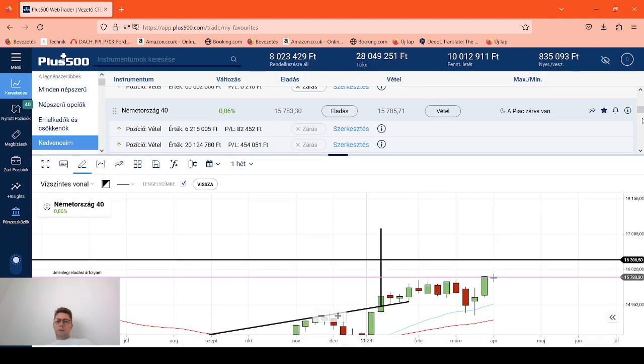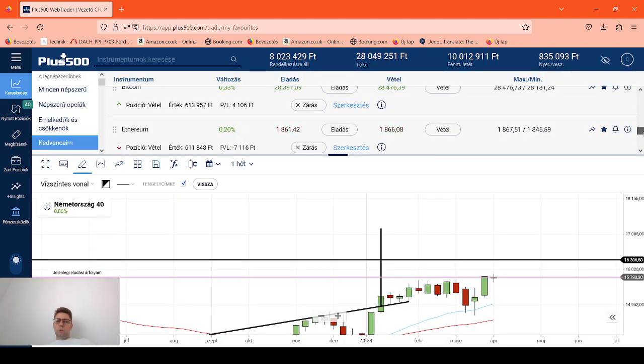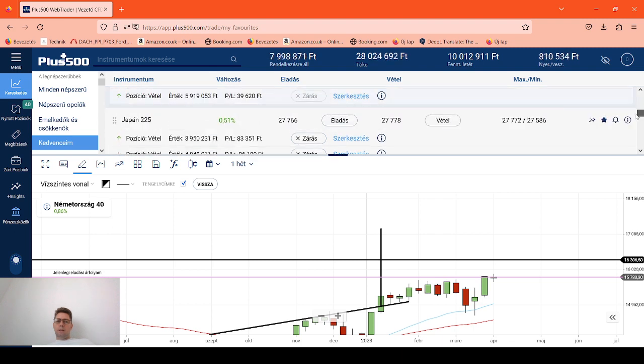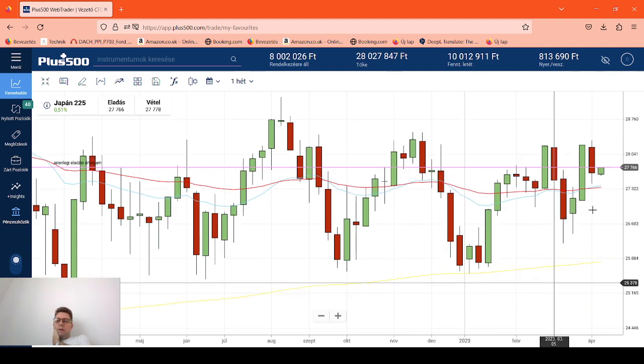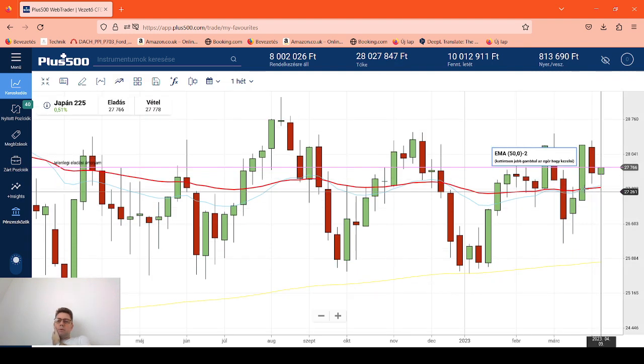Good. Let's go over to Japan. Nikkei, the Japanese index. I'm bullish on Nikkei as well right now. This is the weekly chart. It's buy the dips for me. Anyway, we came back down, of course, almost to the 50, 20 EMA.